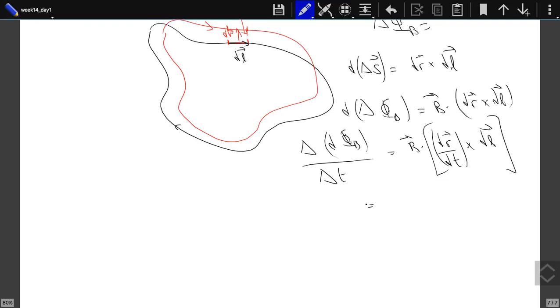Which is the same thing as dl dot B cross dr by dt.